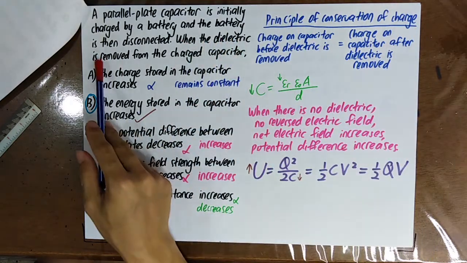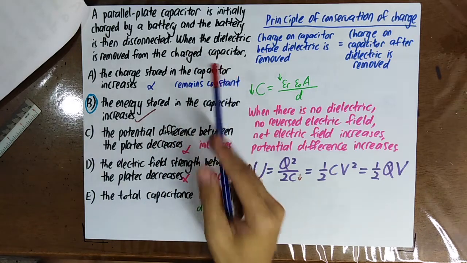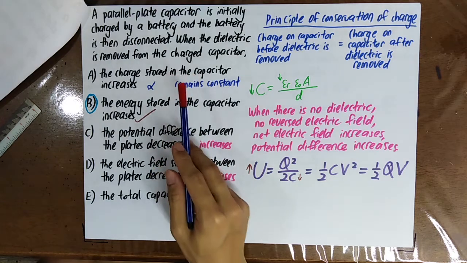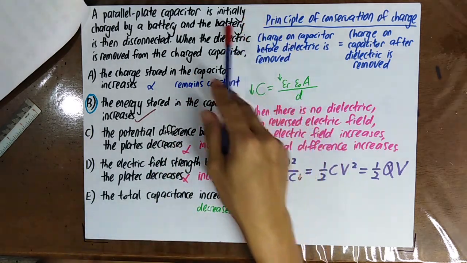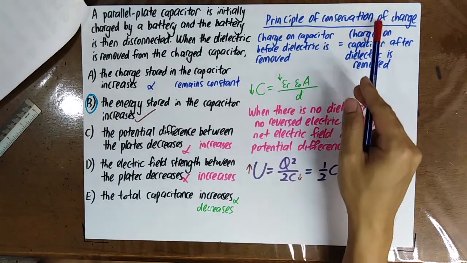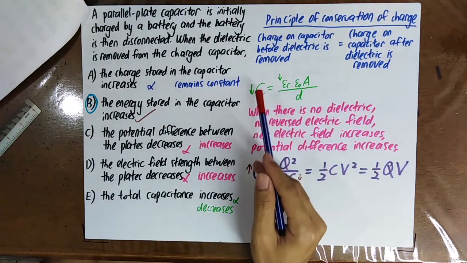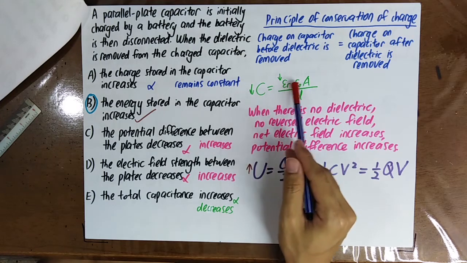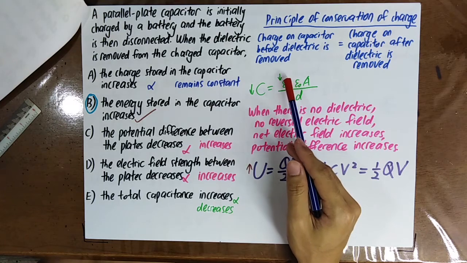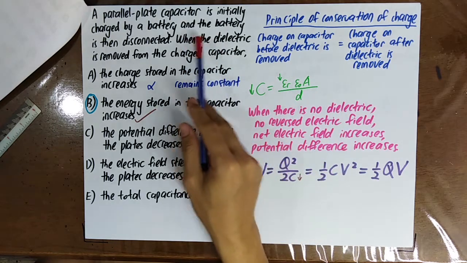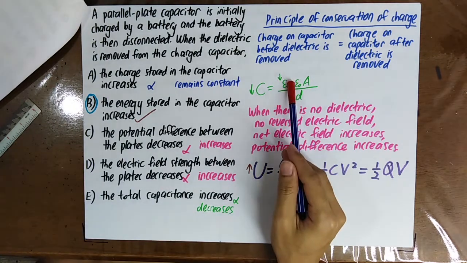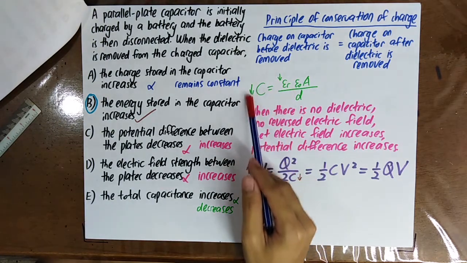When the dielectric is removed from the charged capacitor, what will happen? The charge inside the capacitor remains constant, because it's an isolated capacitor, so you use the principle of charge conservation. C equals epsilon R epsilon naught A over D. When there's a dielectric, epsilon R is larger, but when the dielectric is removed, epsilon R decreases, and C also decreases.